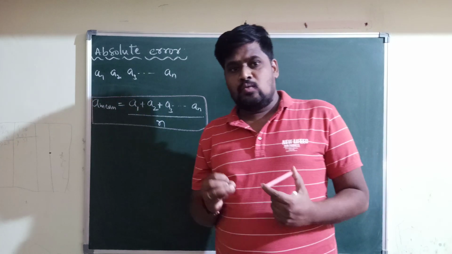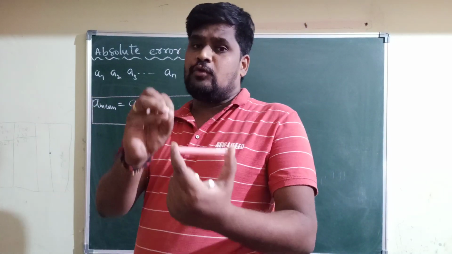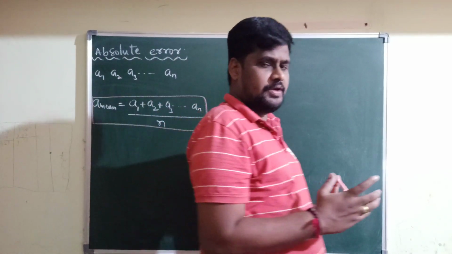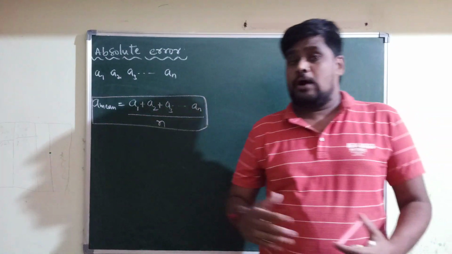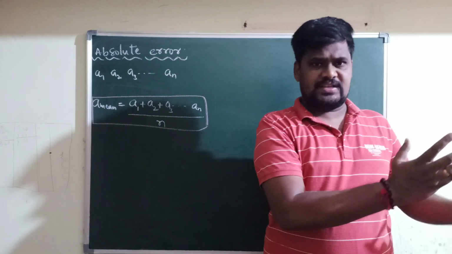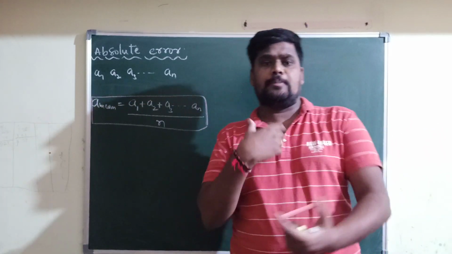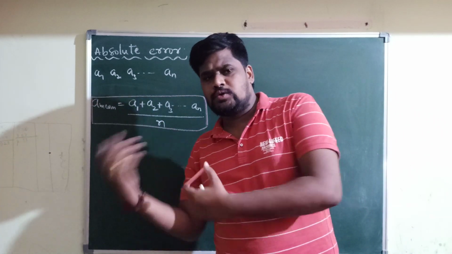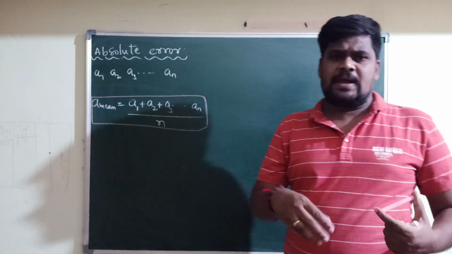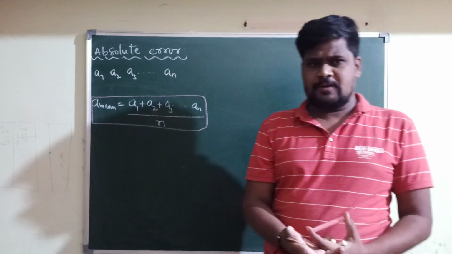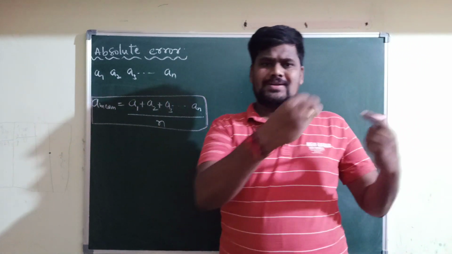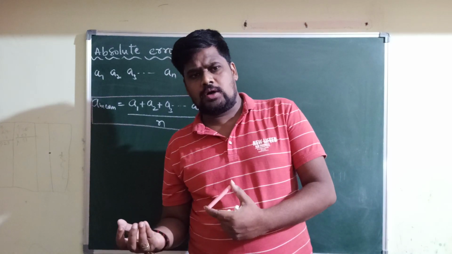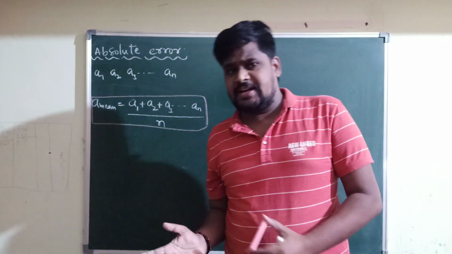If I ask what is the mean value of your observations, how are you finding it? You have to add all your observations. Say for example, first time you got 8.1 centimeter, second time 8.2 centimeter, third time 8 centimeter, fourth time 7.9 centimeter, fifth time 8.3 centimeter.